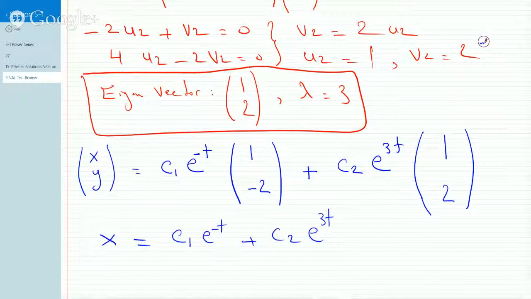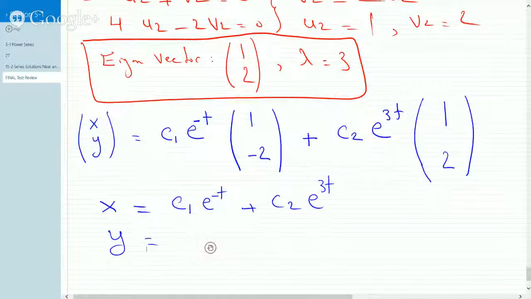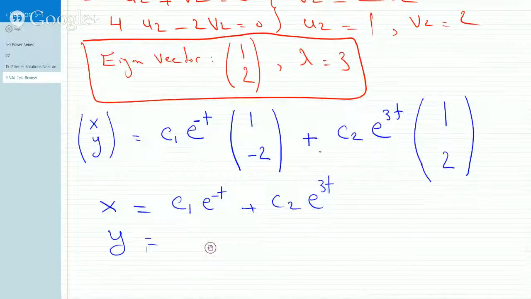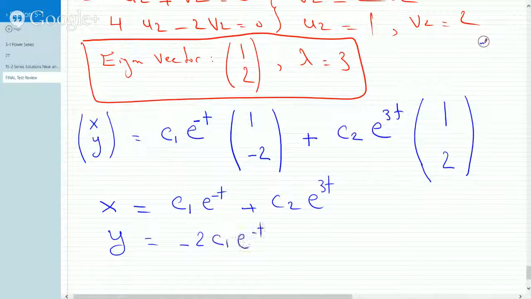And the second one, y equals, now C1e to the minus t times negative 2 will be negative 2C1e to the minus t, plus 2 times C2e to the 3t will just be 2C2e to the 3t.